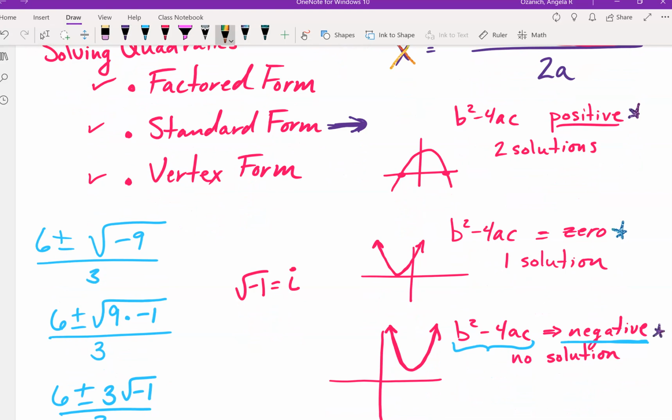Okay. So this could be what the quadratic could look like if it had two solutions that were real solutions, one real solution if the discriminant is 0, or no real solutions if it is not touching or crossing the x-axis at all.